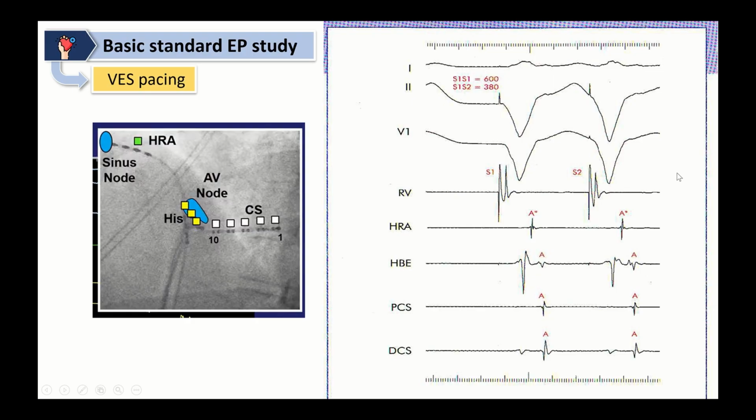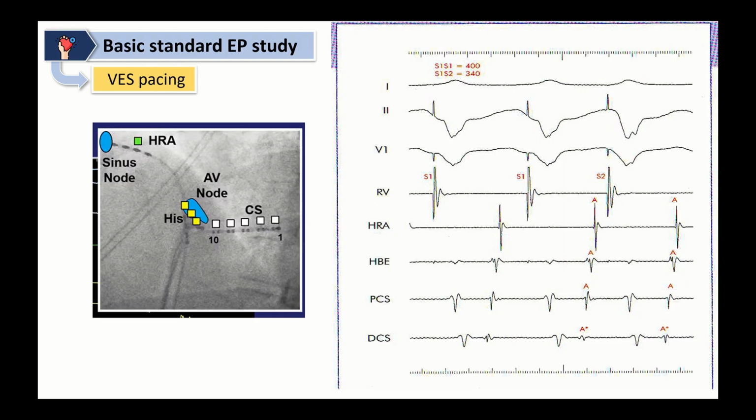So we are dealing with a right lateral accessory pathway. No doubt about this. Let's go to the next example. When we give S2 and find the earliest A at the distal coronary sinus, it's a confirmation of a left lateral accessory pathway.